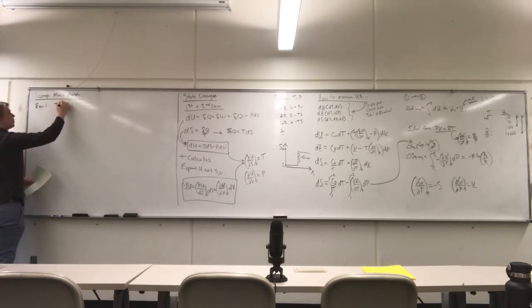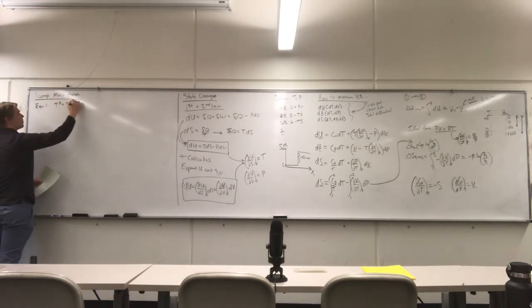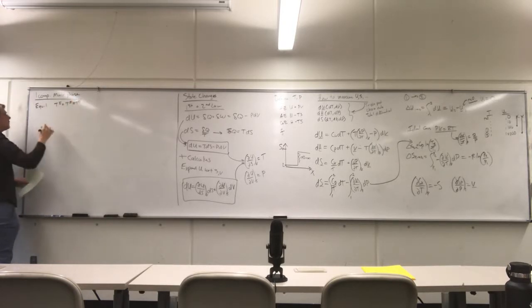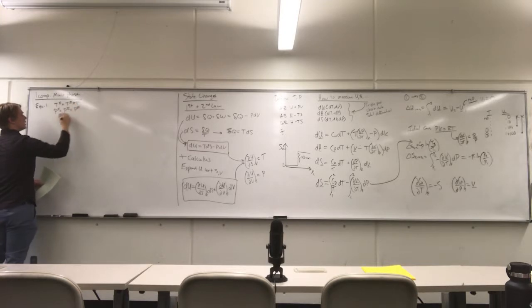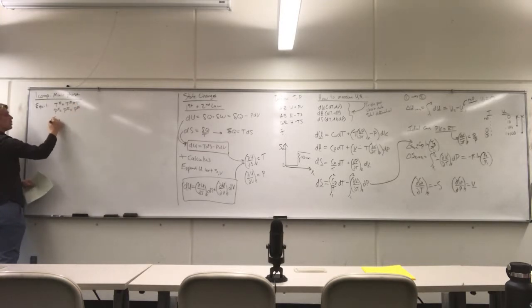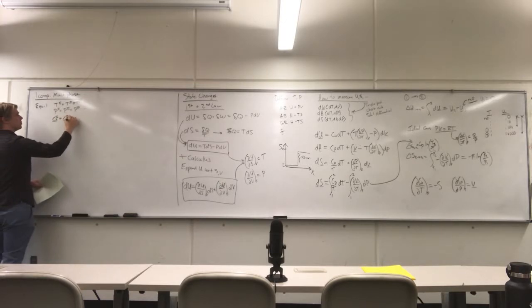We had thermal equilibrium, where all of the temperatures had to be equal. We had mechanical equilibrium, where the pressures had to all be equal. And we had chemical equilibrium, where the Gibbs free energies all had to be equal.